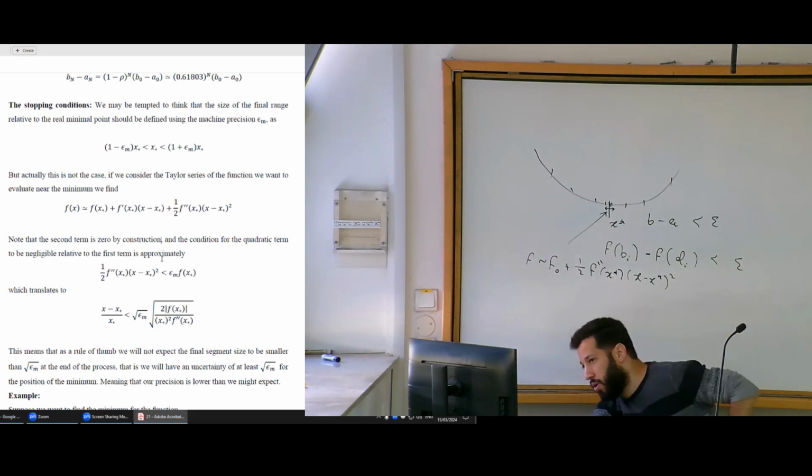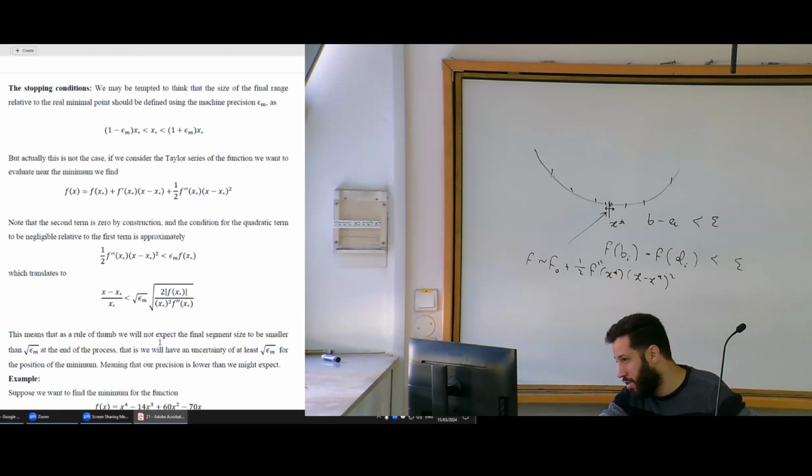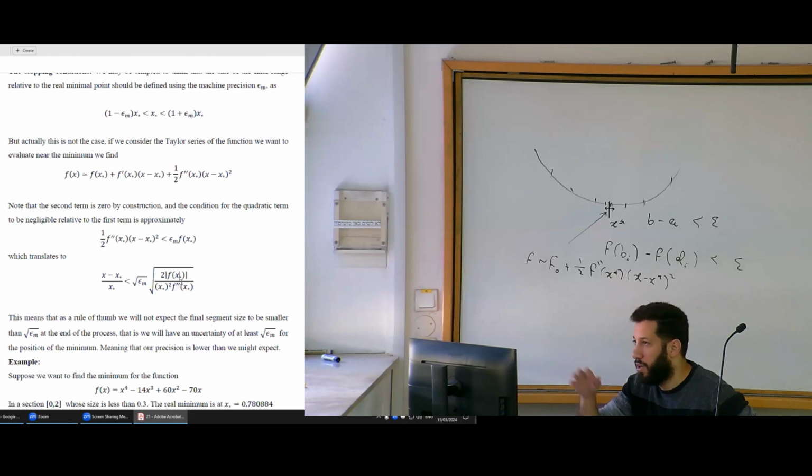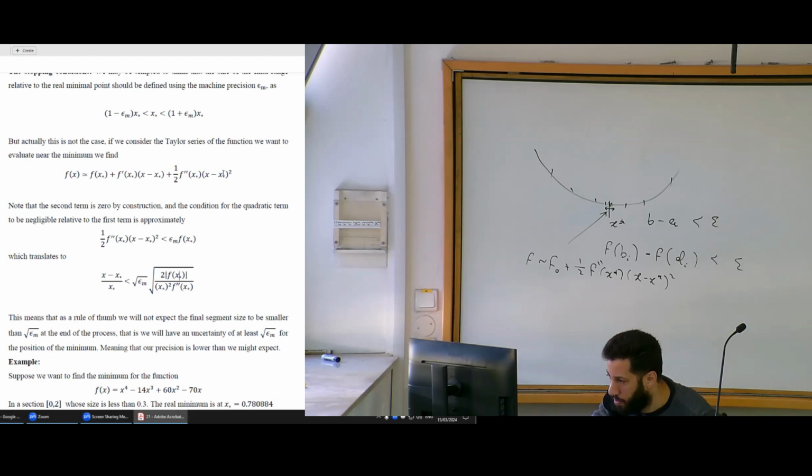Again, if this number is much smaller or much bigger than the square root of epsilon, we're talking about special cases. But this is the way to think in general: I don't expect myself to be far proportional to epsilon, but proportional to the square root of it.